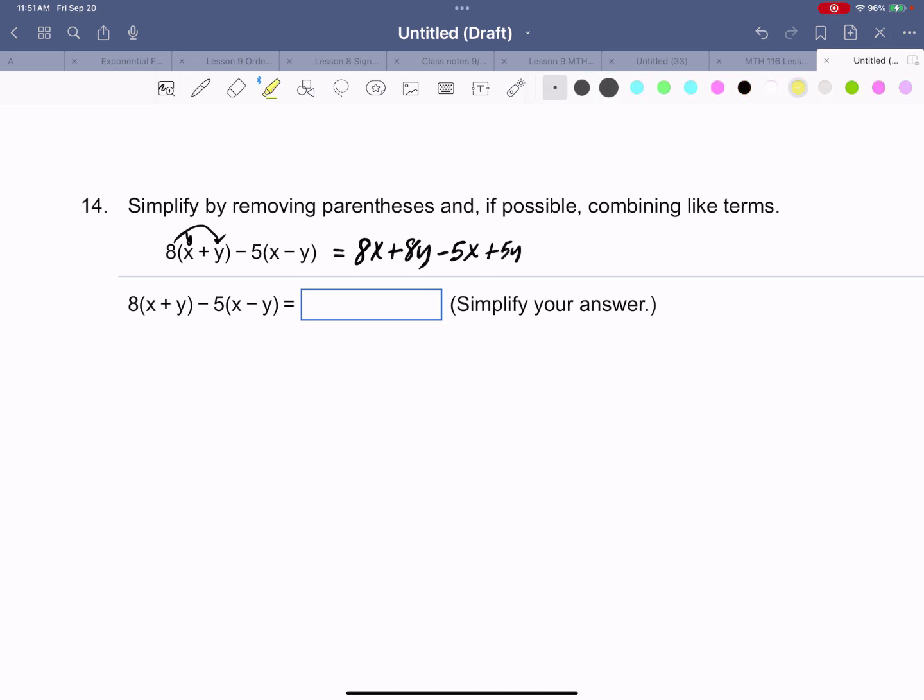And that's where you might make the mistake. You've got a minus and a minus, which make a plus. I do have some like terms. I've got 8 minus 5, or 3x, and 8 plus 5, or plus 13y. So my final answer is 3x plus 13y.